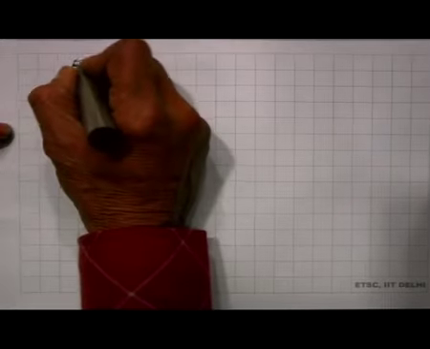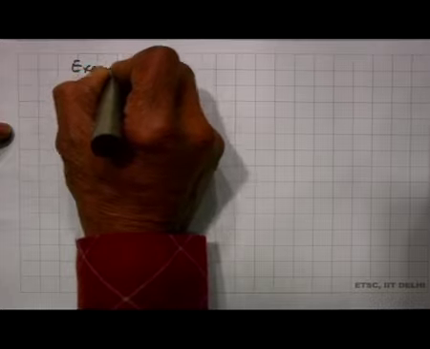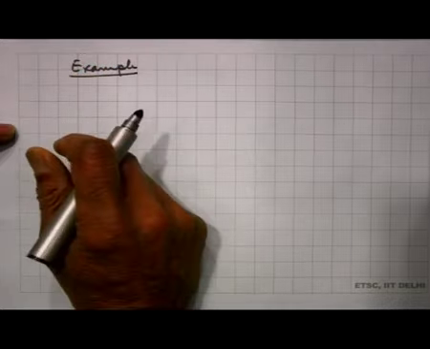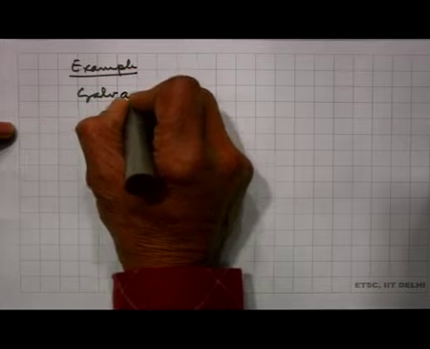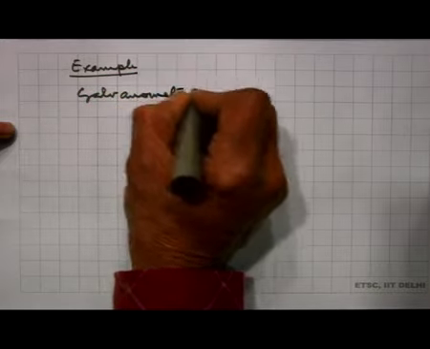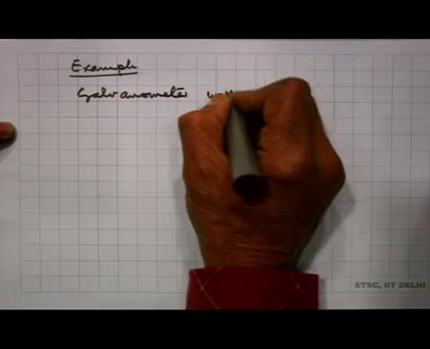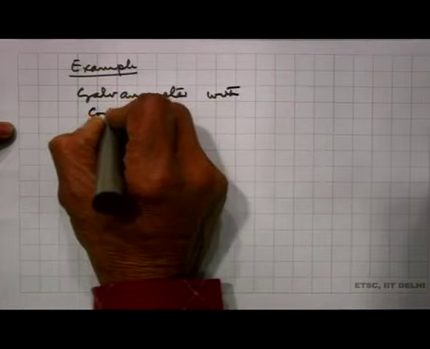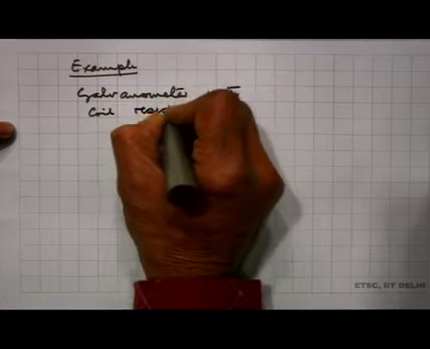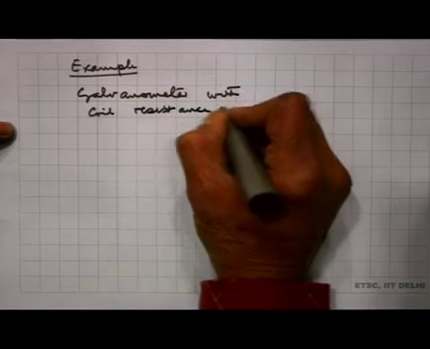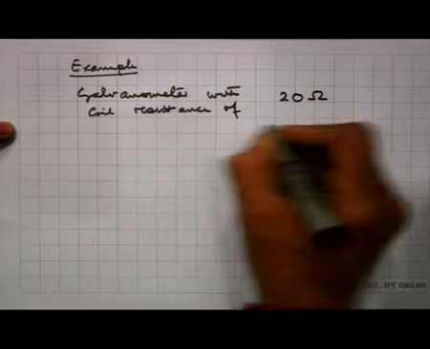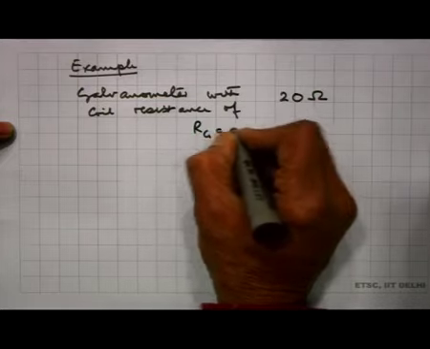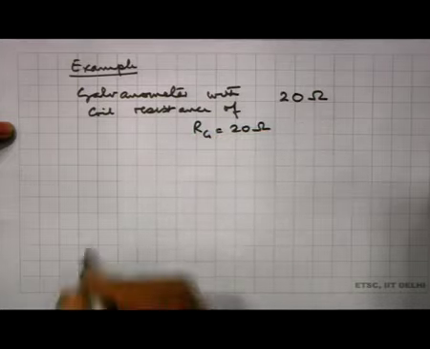I want to consider an example in which I have a galvanometer with coil resistance of 20 ohms, that is Rg is equal to 20 ohms.